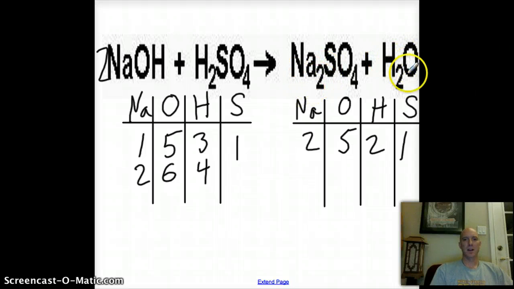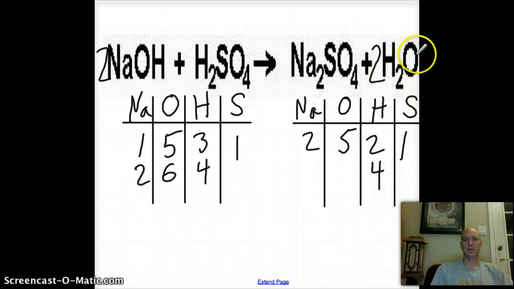And so I look over here, and the 2 things that I'm missing are a hydrogen and oxygen. So if I've got 4 oxygens there, that means to make a total of 6, I need 2 here, 4 plus 2. And so if I put a 2 there, that gives me 4 hydrogens there, which is what I'm looking for.